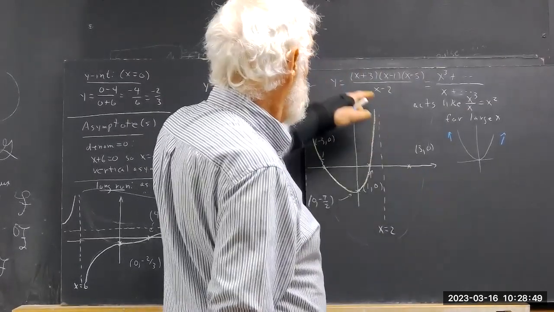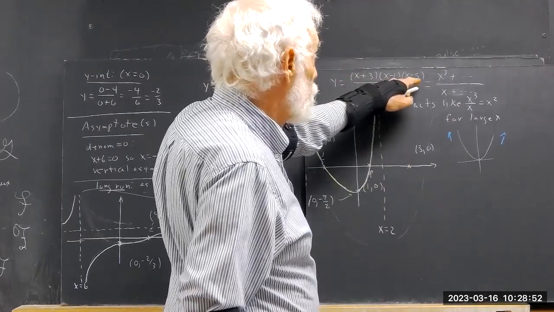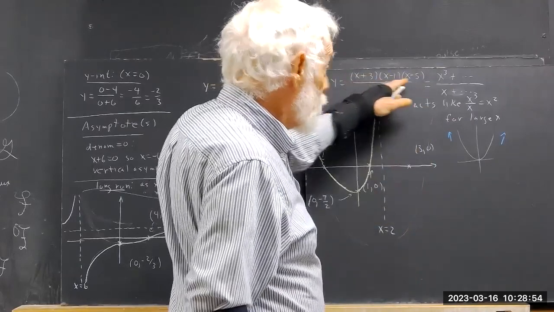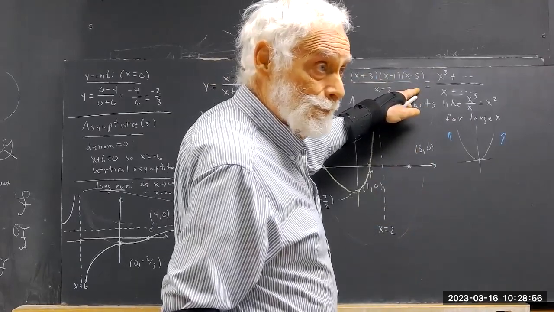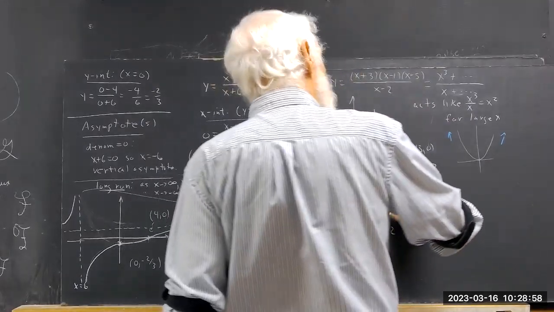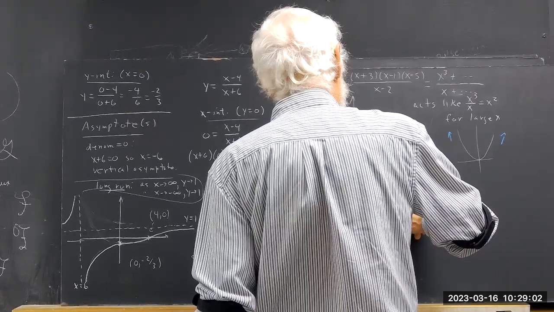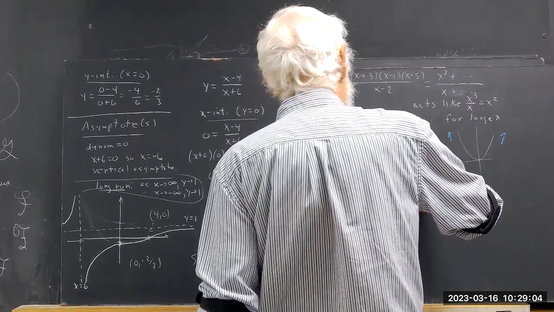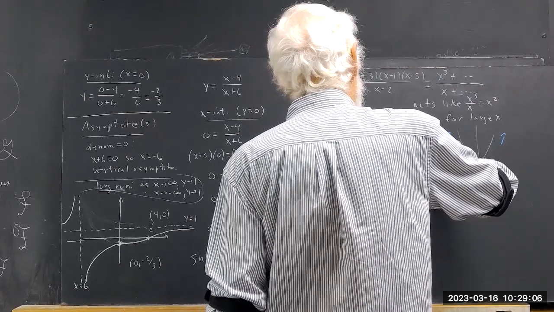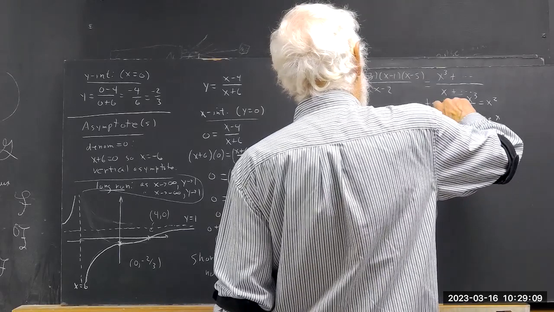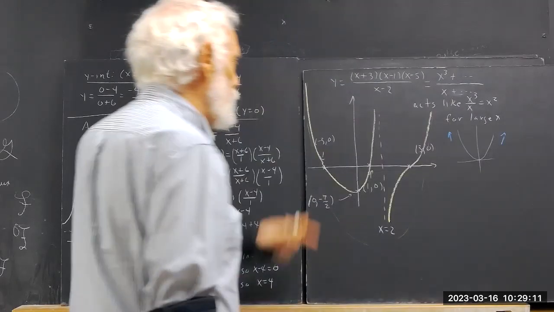Okay, if x is any number but -3, 1, or 5, you're not going to get 0 here. Got to make sure you understand that. Okay, so what's going to happen is we're going to come up through here, and then we're going to go on to infinity, and that's what that looks like.